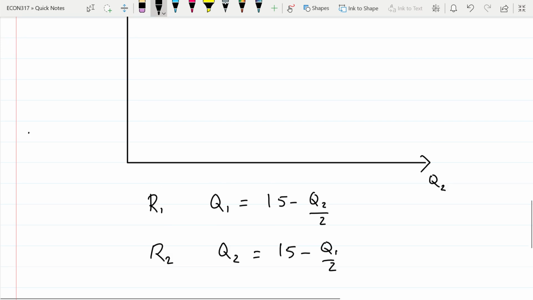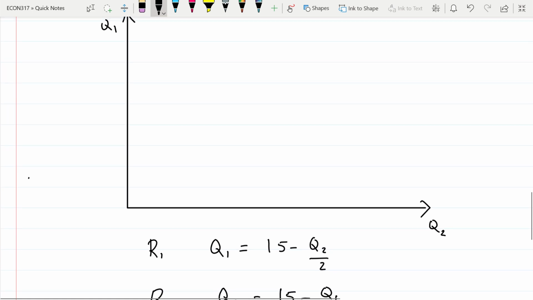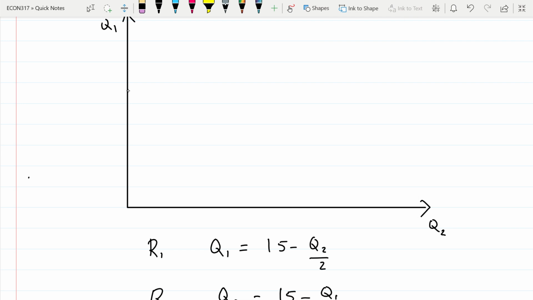If we look at the graph for the reaction function for firm 1, it has vertical intercept 15, slope is -half, so we will get a straight line which has 15 as the vertical intercept and 30 as the horizontal intercept. So 15 here, 30 here is the R1.